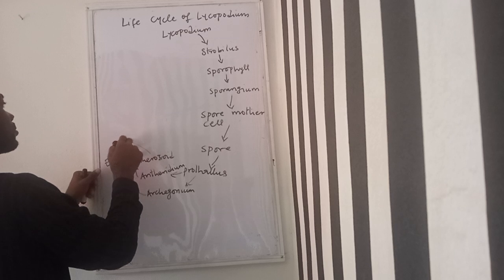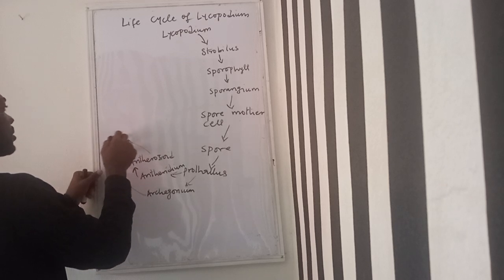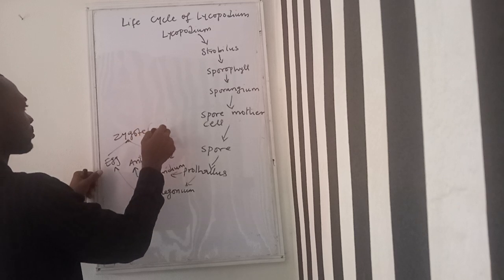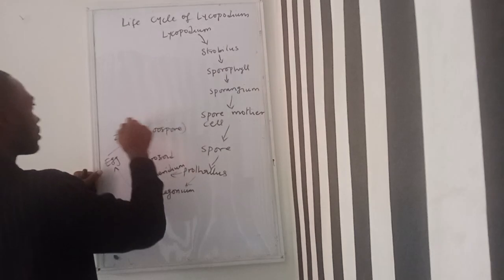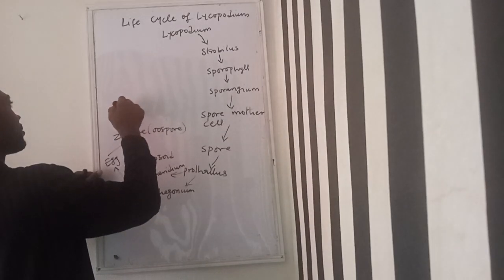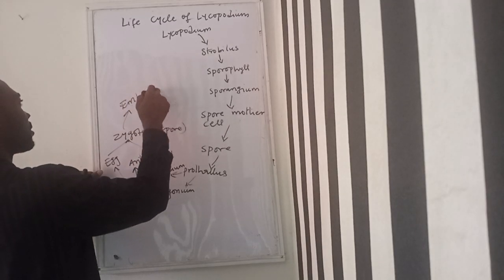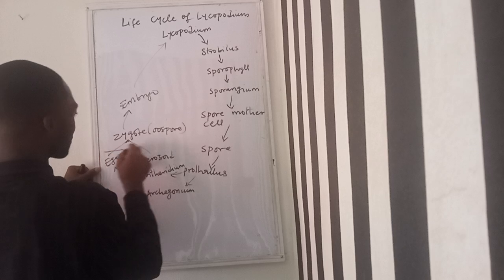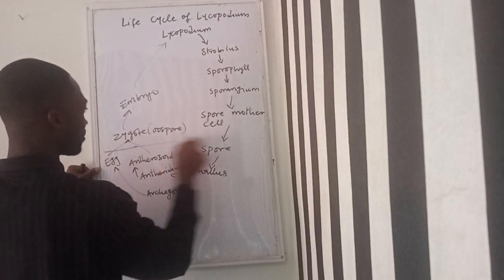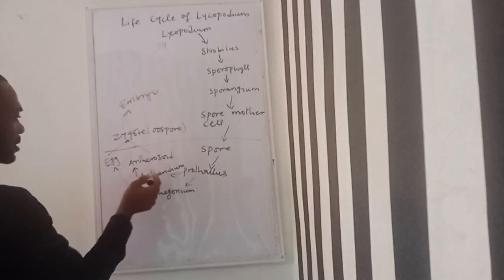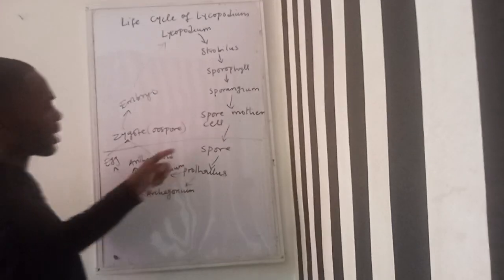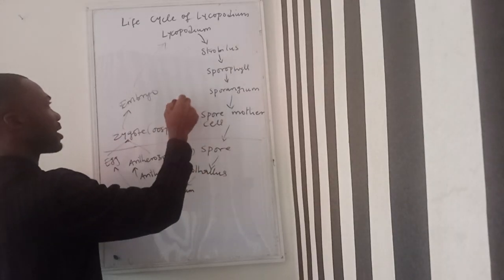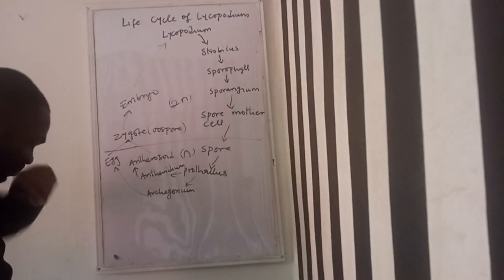Then these two will now meet to form zygote or oospore. This grows into an embryo and the Lycopodium plant. So remember, all the stages from spore down to the gametes, these are the sex organs, and these are the gametes, are called the gametophyte, and they have n number of chromosomes, and these ones have 2n number of chromosomes.